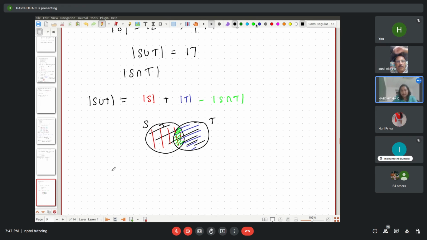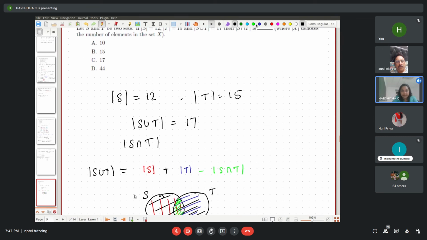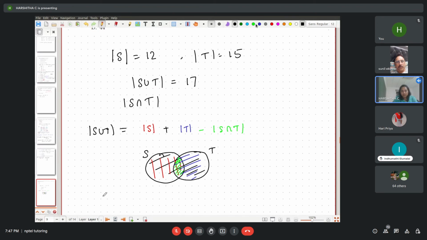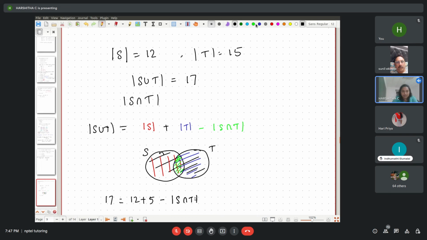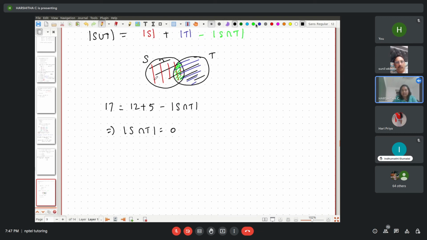Using this formula, you can directly compute the cardinality of S intersection T by substituting. So your union is given to be 17, equal to 12 plus 5 minus cardinality of S intersection T. And that will give you this number. Just to get an idea of this picture, let's take a very small example.